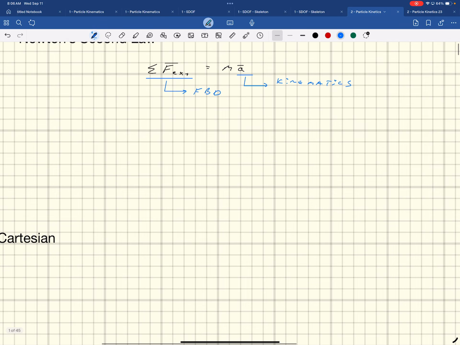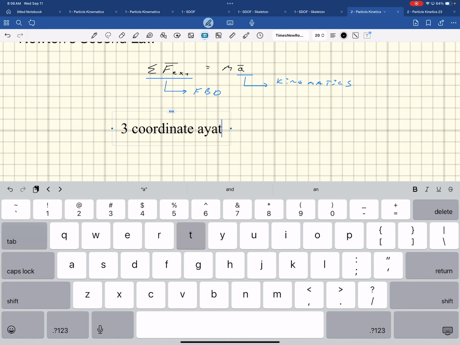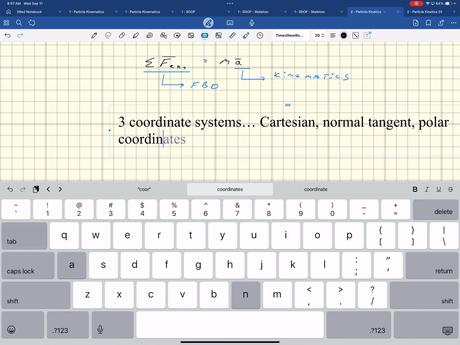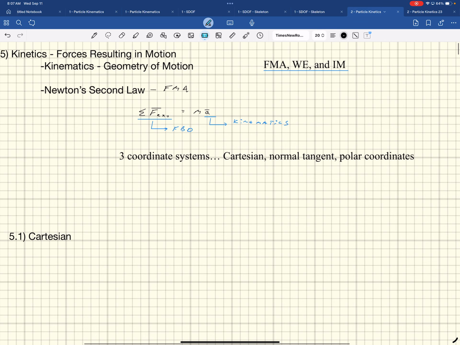Like I said, we're going to do 3 coordinate systems: Cartesian, normal tangent, and polar coordinates. I always like to put a little roadmap just so there's no surprises as we go along, and just to highlight that there's a method to all this madness.